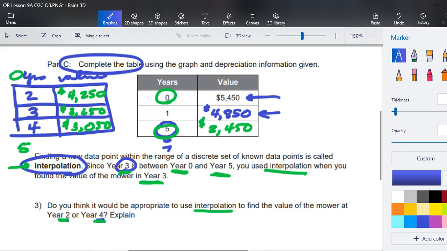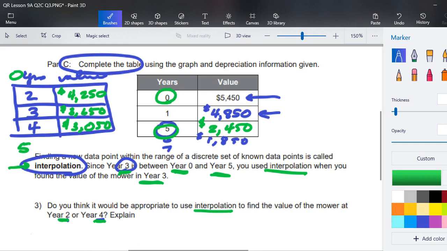So looking at year 6, I'm going to take year 5's value, go down $600 more, and now I'm at $1,850. I'm going to go ahead and go to year 7 because it's talking about, well, somewhere it did. Hang on. Go back to question 4.